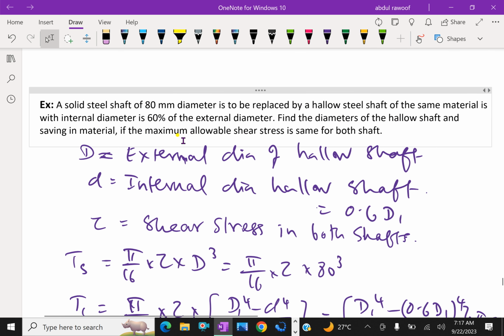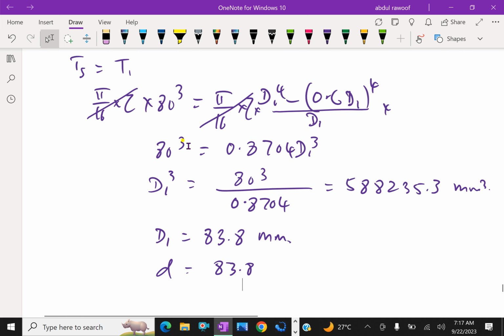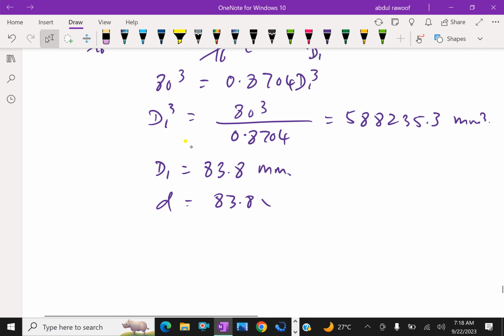Let us calculate this. 83.8 into 0.6 equals 50.28.